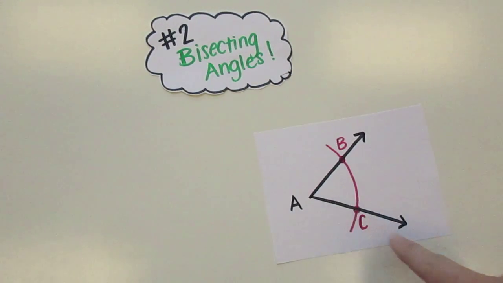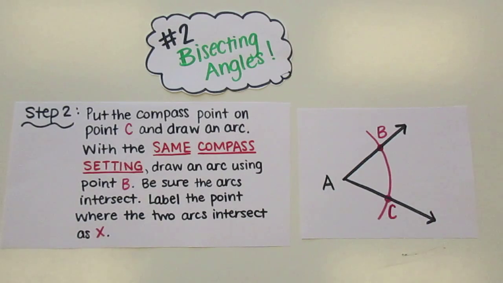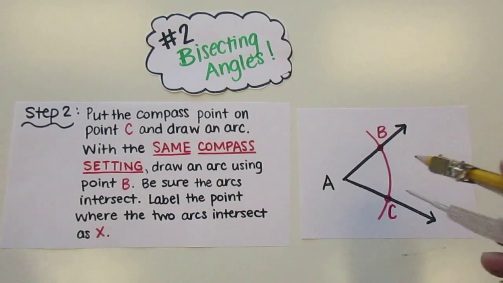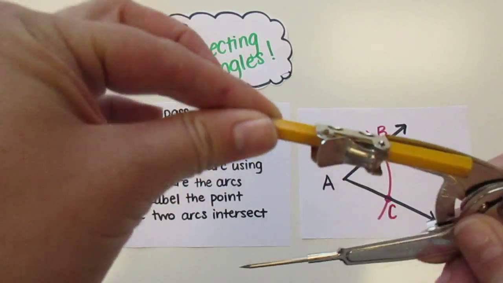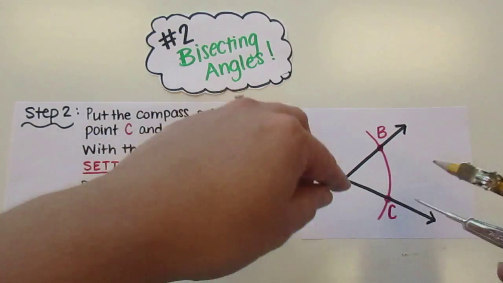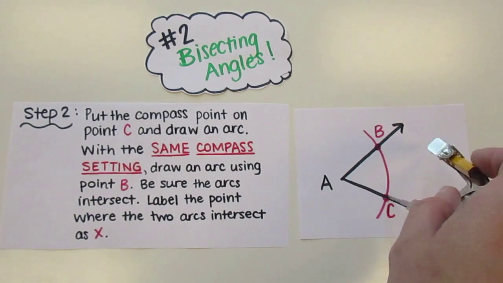Keeping my angle here. So step 2, put the compass point on point C and draw an arc. Now it does not have to be the same setting that I had when I drew this first arc. I just need to put my compass on point C and draw some arc.